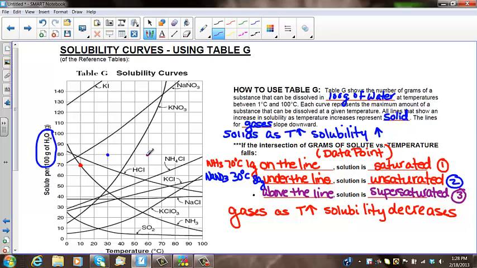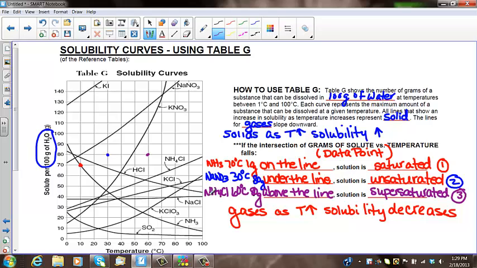Let me put this one right here in reference to NH4Cl. So this is NH4Cl at 60 degrees and 80 grams. So notice how this data point is above the NH4Cl line. It would be considered a supersaturated solution.